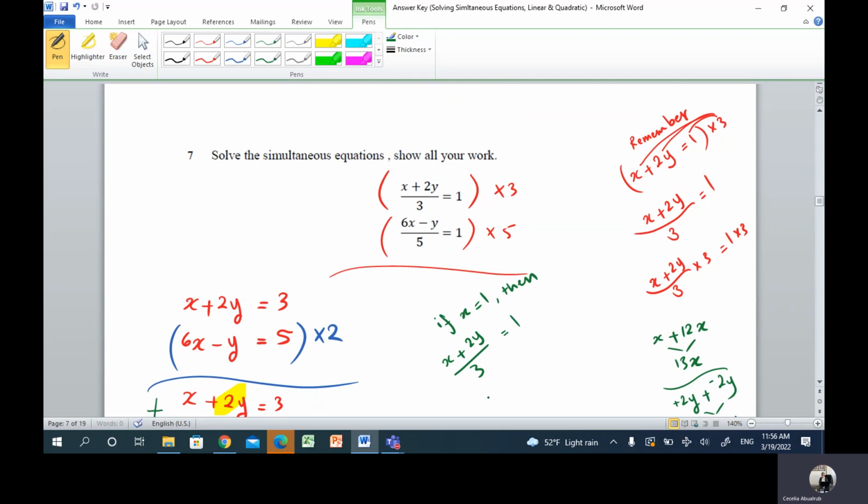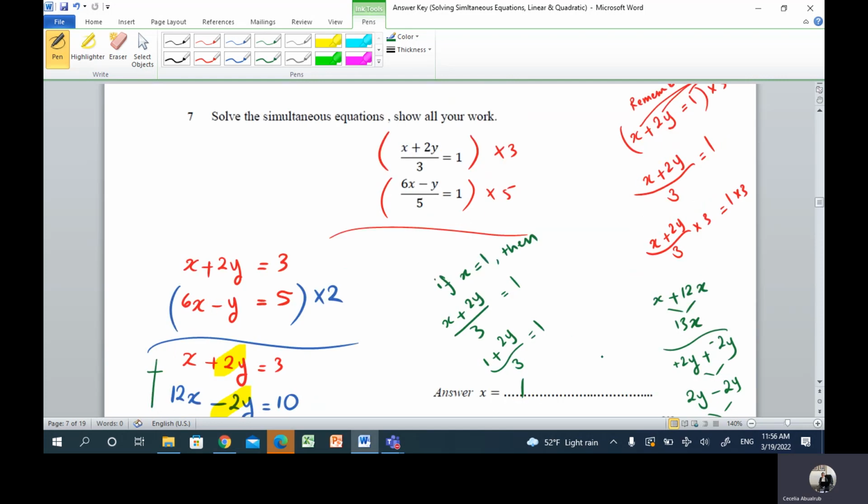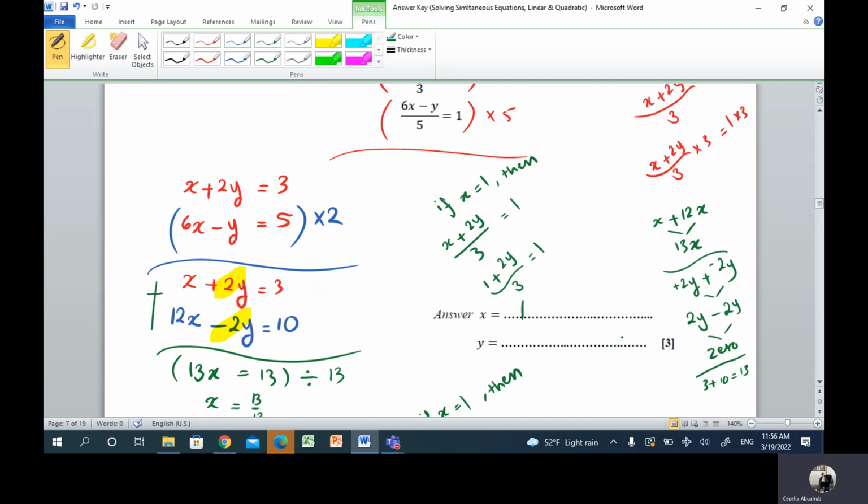So let's replace the x by 1 plus 2y all over 3 is equal to 1. Okay, and here you are going to cross multiply. So it will be 3 times 1 is 3, and 1 times 1 plus 2y, it will come down to 1 plus 2y.